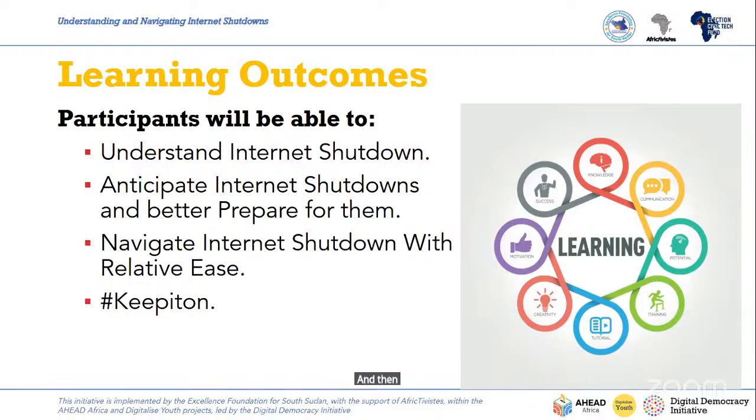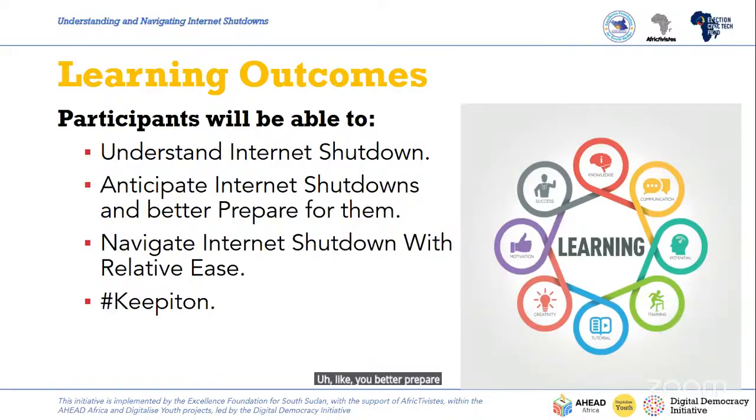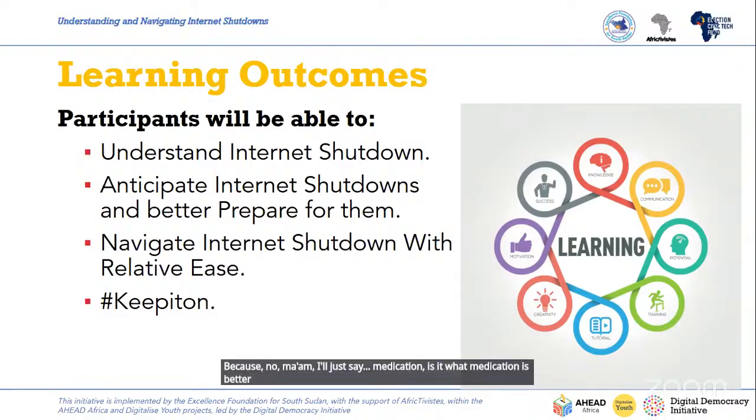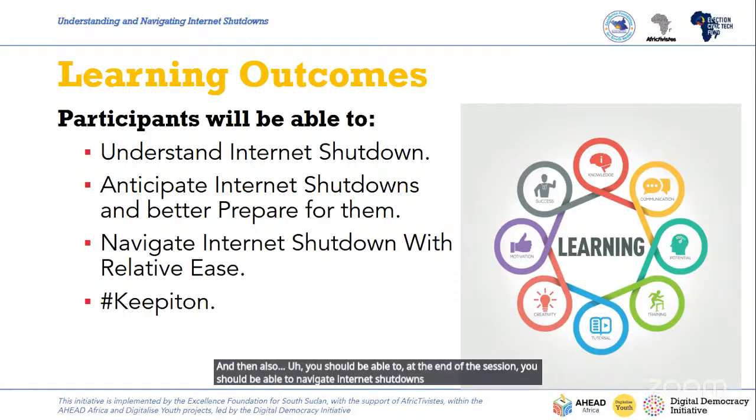Secondly, you should be able to anticipate internet shutdowns and better prepare for them, so that by the time one comes, you are ready, because normally they say prevention is better than cure or something like that. So you need to prepare early so that by the time it comes, you are not affected that badly. And also, at the end of the session, you should be able to navigate internet shutdowns with relative ease.